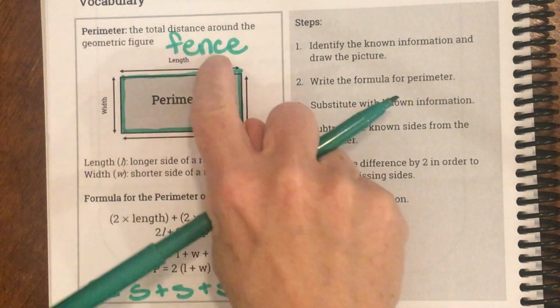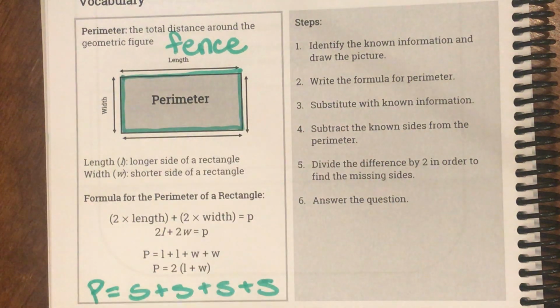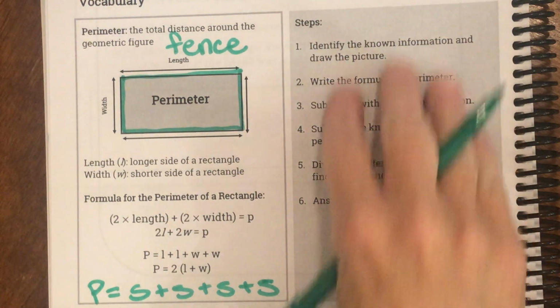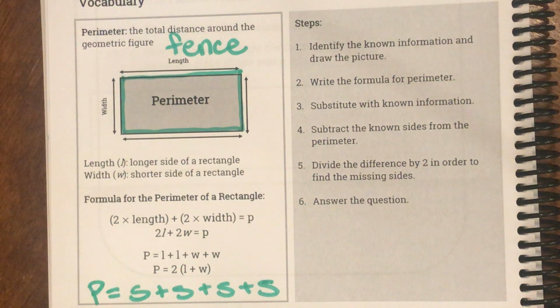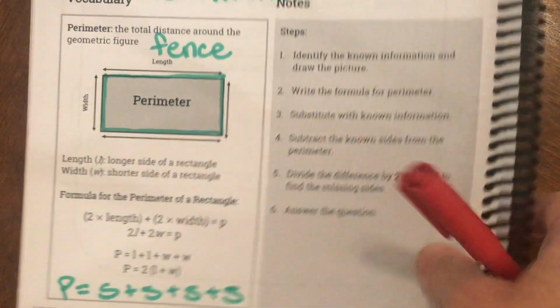Because my figure has 1, 2, 3, 4 sides, so I need 1, 2, 3, 4 sides. So this is the one that Miss Munoz is using, but you need to find what works best for you. Okay, their steps today are kind of weird, friends, so I'm not going to follow those exactly. I'm going to kind of do my own thing because they're really long, I feel like, really hard to remember all of those. Okay, so I'm going to get started with my first problem.